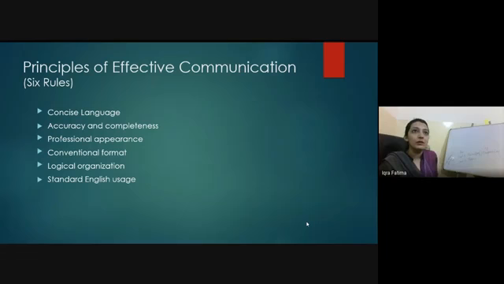Let's suppose we talk about a CV. If your CV is not clean, has a lot of language mistakes, and has no appropriate format, what type of image are you giving to your prospective employers?